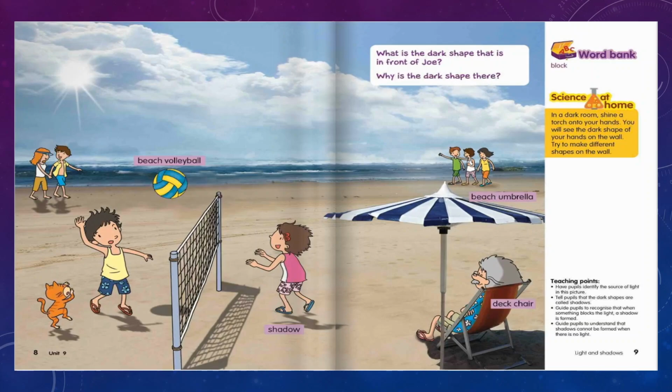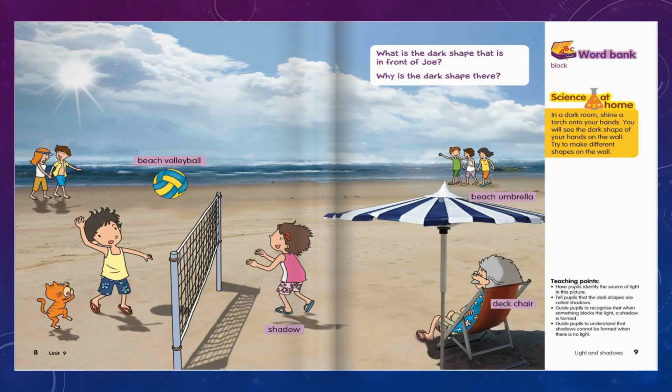And the dark thing or shape that is in front of Joe is a shadow, and that is something that is always there with you. You cannot escape your shadow when it's daytime or when there is light.